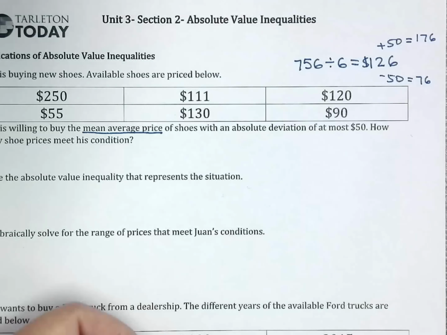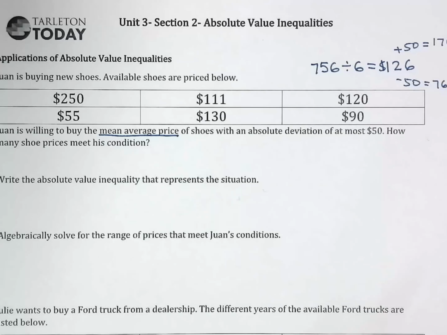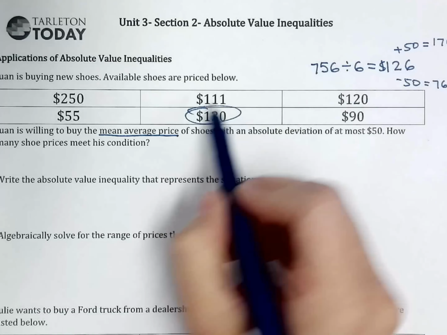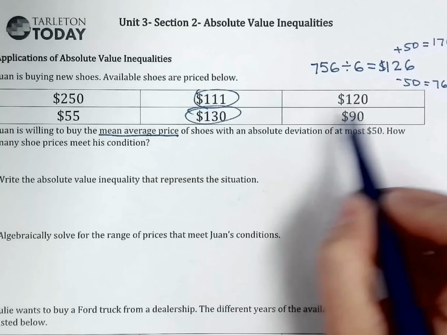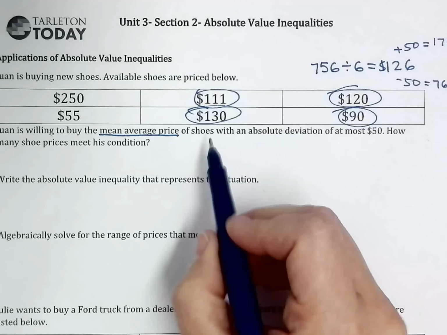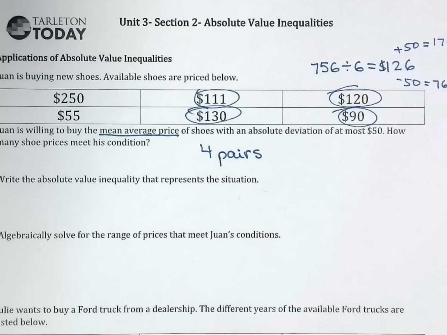Okay, so anything between 76 and 176 would be within the price range that he's looking to buy. So 130, 111, 120, and 90. Okay, so at this point I have 4 prices that would meet the requirement.